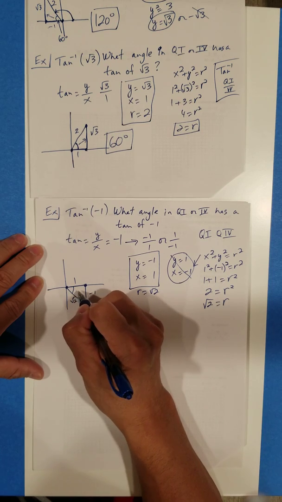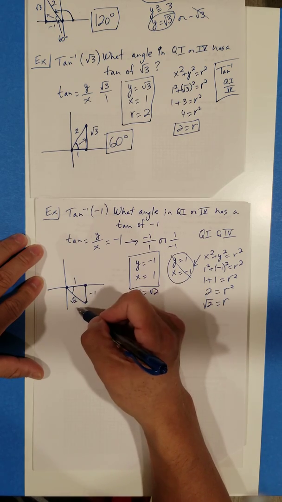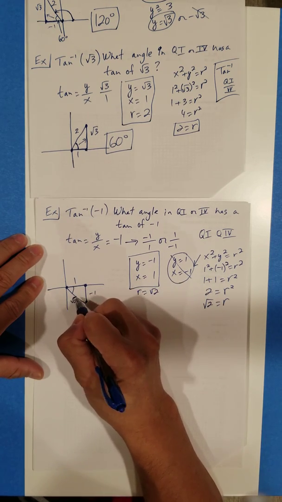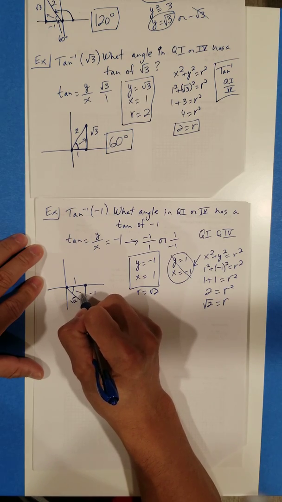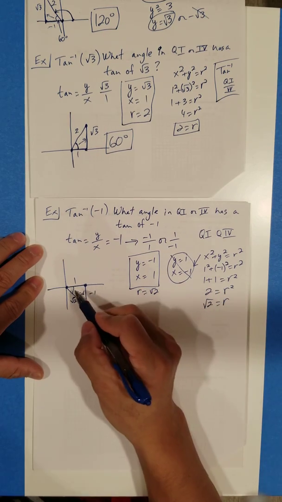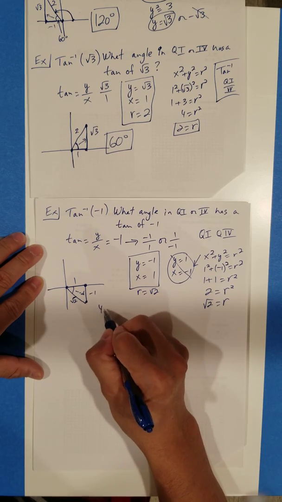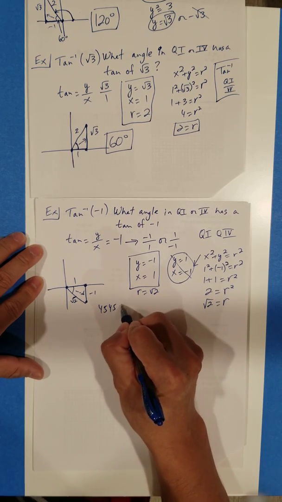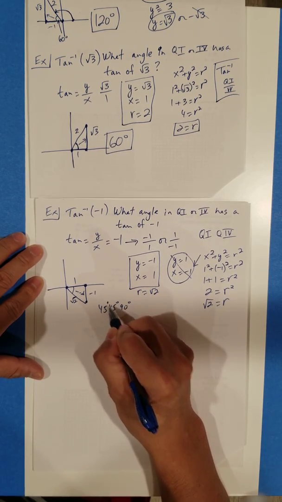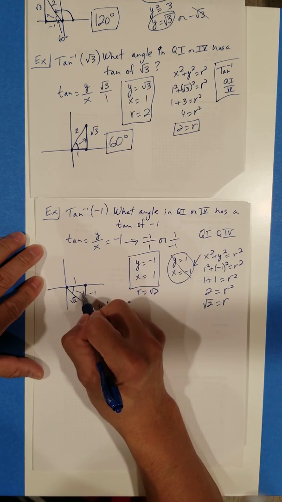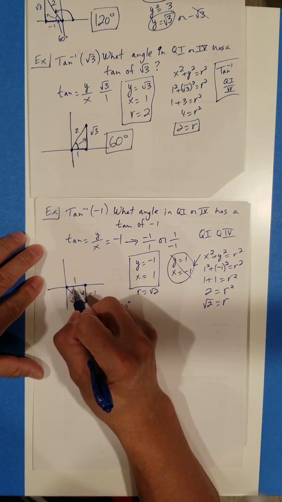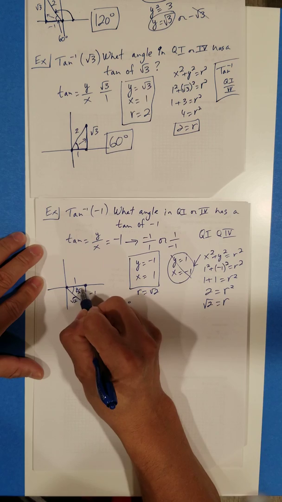What angle on a 1, 1, radical 2 triangle is always across? In a 1, 1, radical 2 triangle, we're talking about a 45, 45, 90 triangle. So this guy in here has to be 45 degrees.